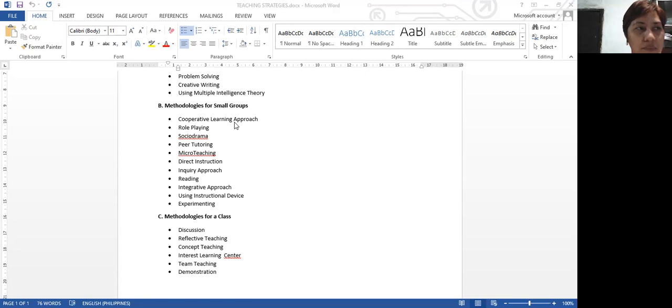So in this way, what is good in cooperative learning approaches is that learners will become responsible to do their part. But if the teacher will not do his or her part in this kind of approach, the same goes with the students. They will just become dependent on their classmates or their group mates.